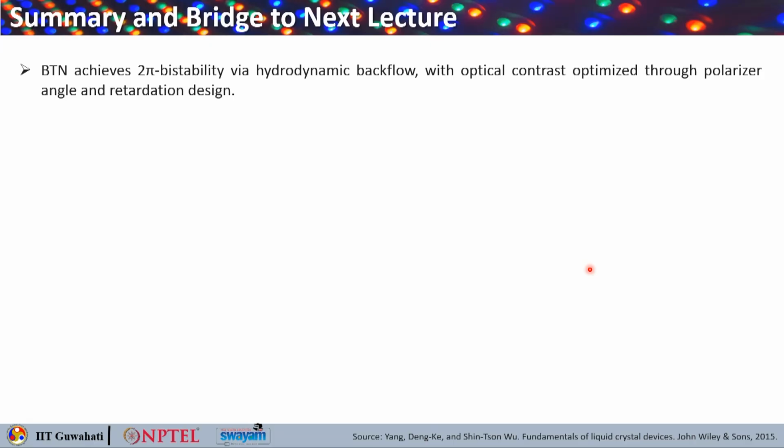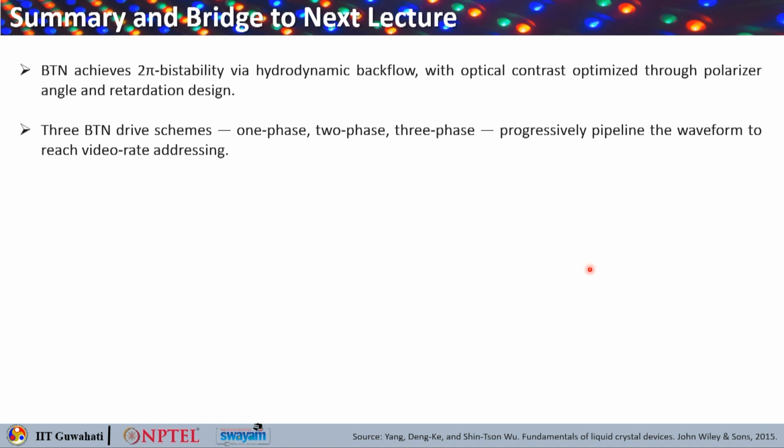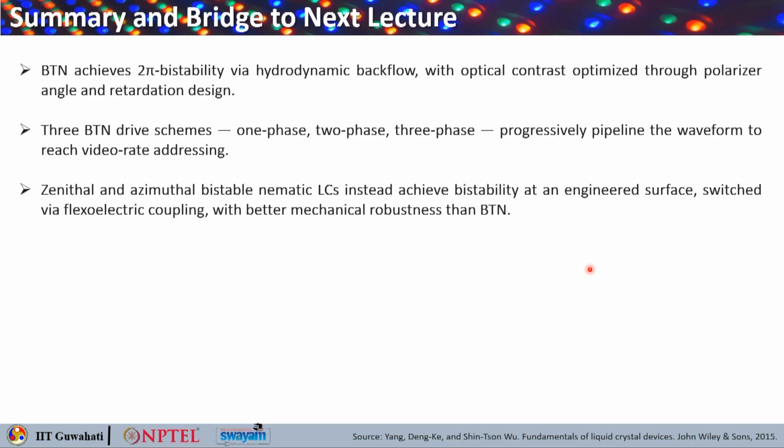Here is a summary of what we understood in this lecture. BTN can achieve 2π bistability via hydrodynamic backflow, with optical contrast optimized through polarizer angle and retardation design. There are 3 driving schemes for BTN: 1 phase, 2 phase and 3 phase, which progressively pipeline the waveform to reach video rate addressing.